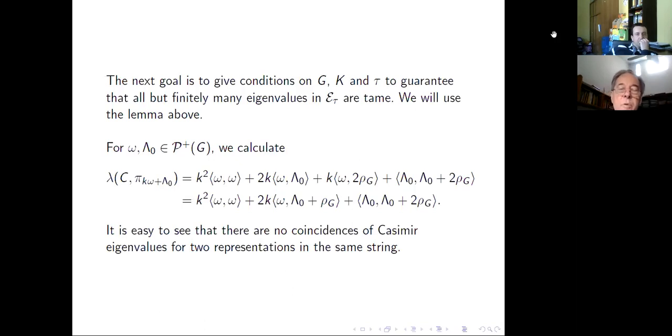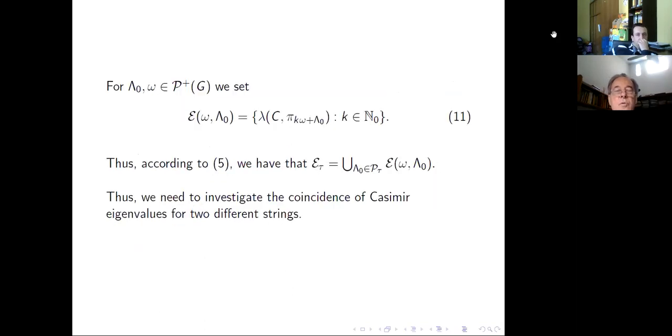When two representations are in the same string, there will be no coincidence of the eigenvalues. This is easy to see. So now we denote by E omega lambda naught the eigenvalues of the Casimir in that string.